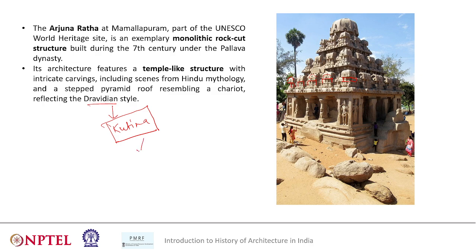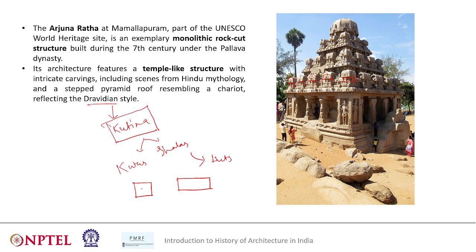Kutinas are made of kutas and shalas. They are nothing but huts, and the kutas are square shaped in plan. On the other hand, the shalas are a bit longitudinal, rectangular huts.